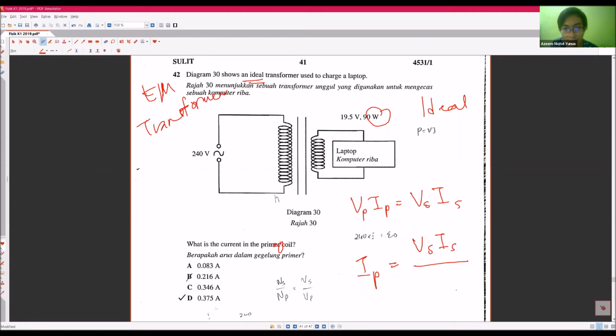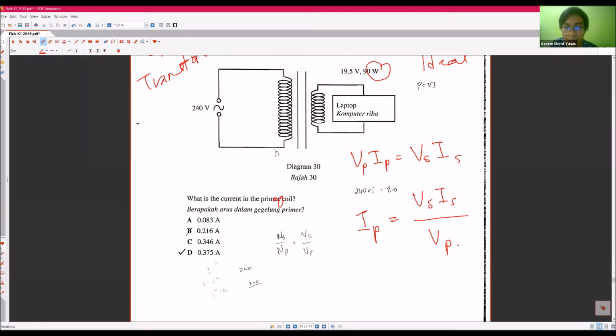So I primary is the power over V. For the secondary, we have V, but we don't have I, but we can find I based on the power. But actually, we don't need to find I because all of this is just 90 watts.